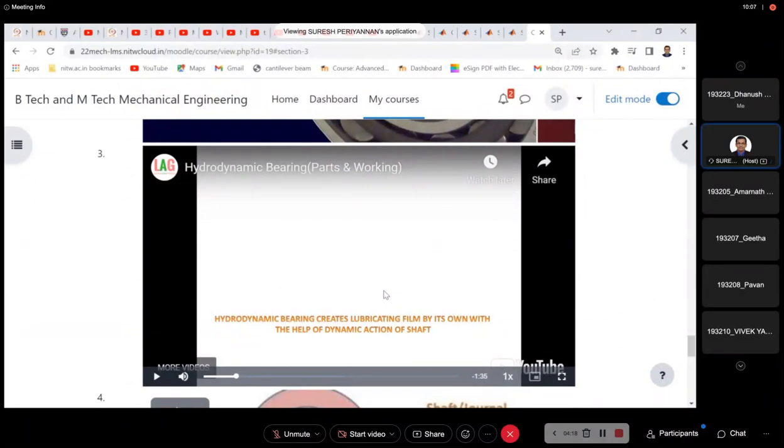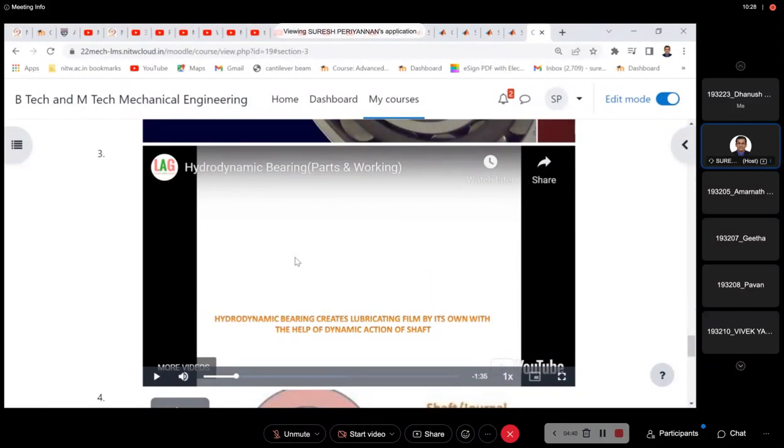When it starts to rotate, what will happen? Initially there is metal to metal contact at the surface. Then the journal starts to rotate. It takes some time to obtain the hydrodynamic film.